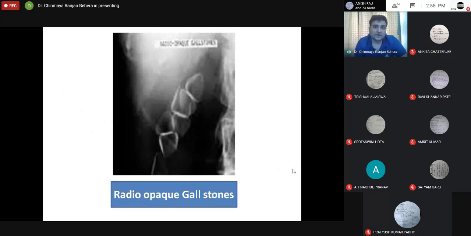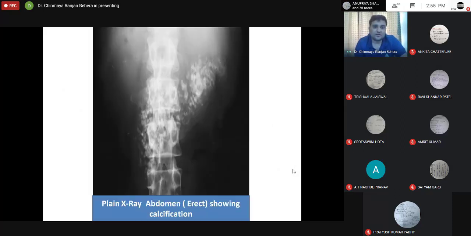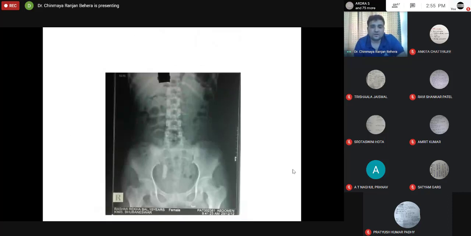These are radio-opaque gallstones. This is multiple calcification suggesting chronic calcific pancreatitis. This is a case of a right ureteric calculus.